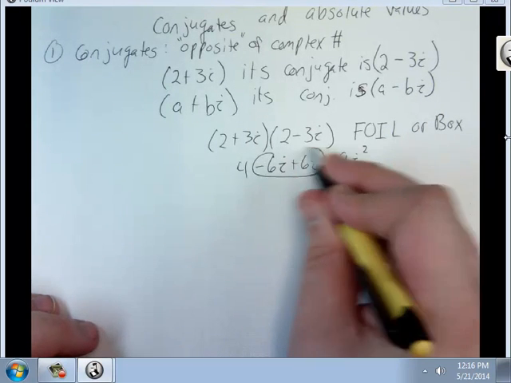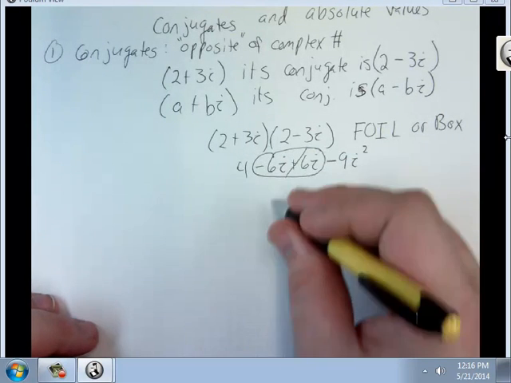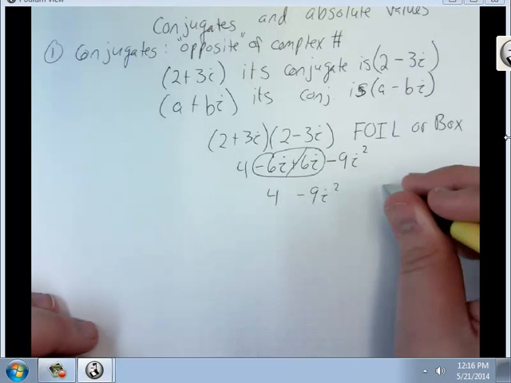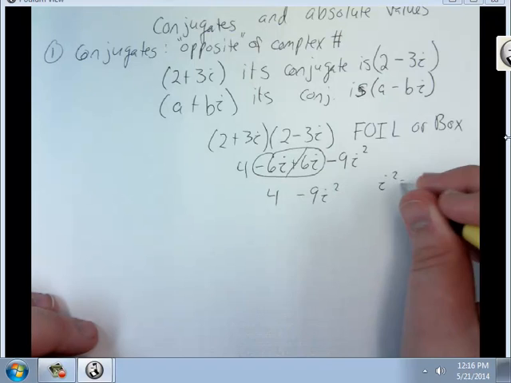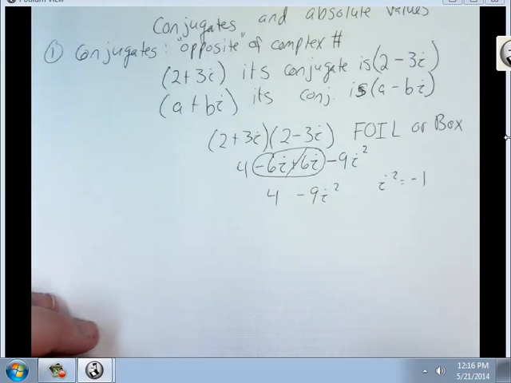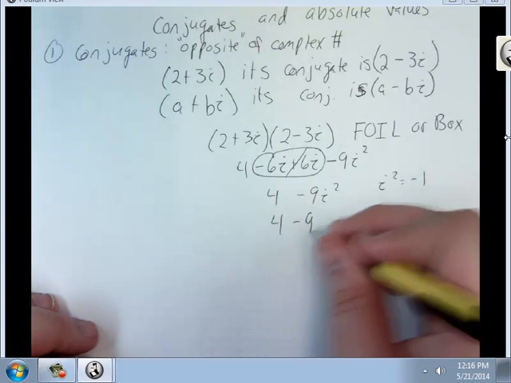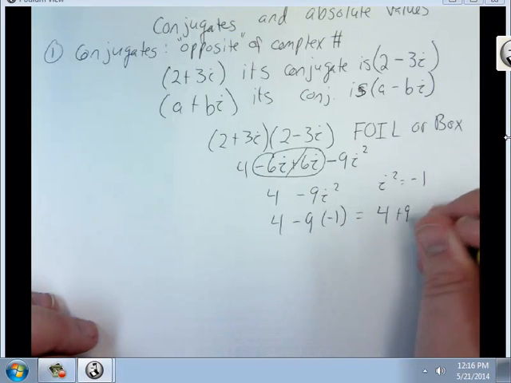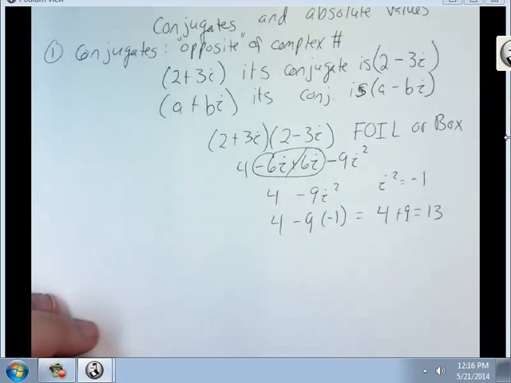These two cancel out, so I get 4 minus 9i squared. I squared, remember, is negative 1, so it's 4 minus 9 times negative 1, which is 4 plus 9, which is just 13. That's all you have to do for conjugates.